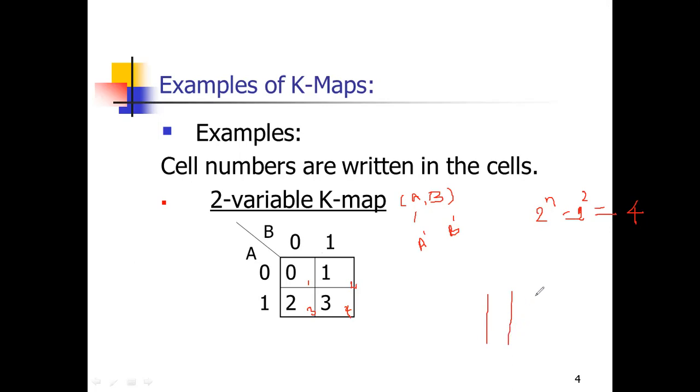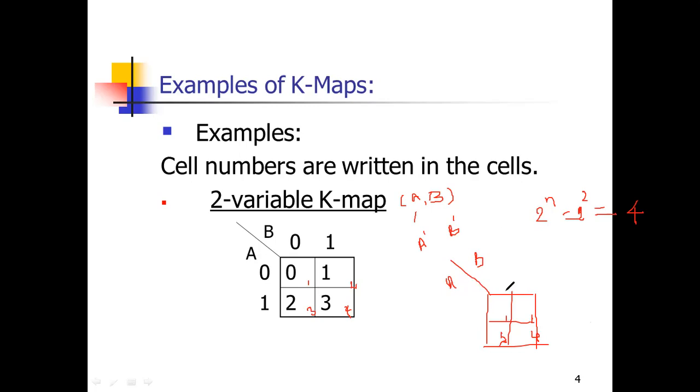The two-variable Karnaugh map, I am going to redraw for your understanding. A and B. Please listen: cell number 1, 2, 3 and the fourth cell is here.